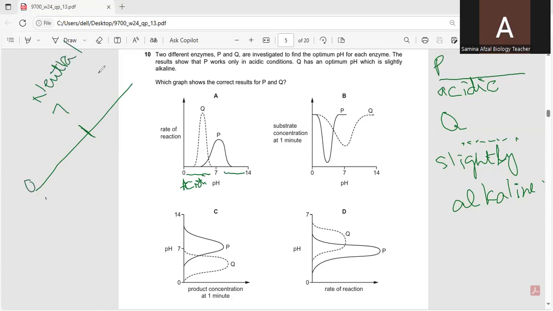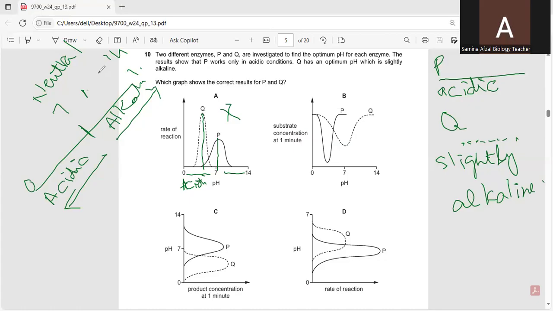So 0 to 7 is acidic, and acidity increases from 7 to 0. On the other hand, 7 to 14 the values are alkaline, and alkalinity increases from 7 to 14. In this way, this is not correct, because P is on the neutral value and Q is in acidic condition. So A is not the correct option.